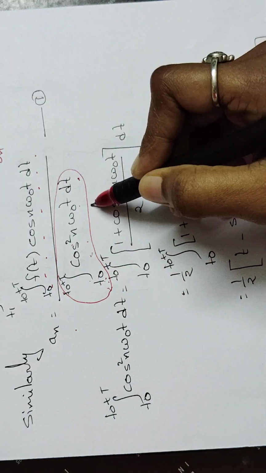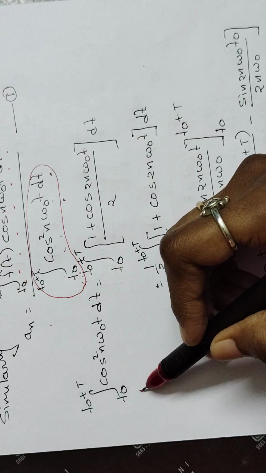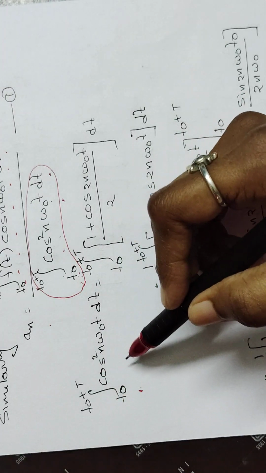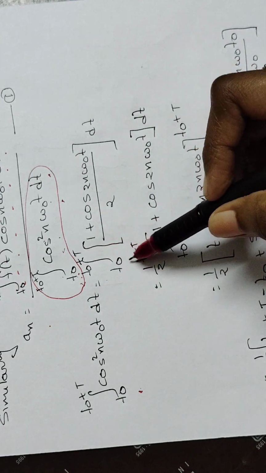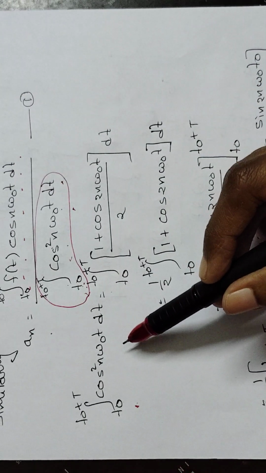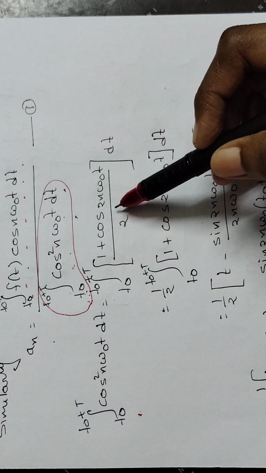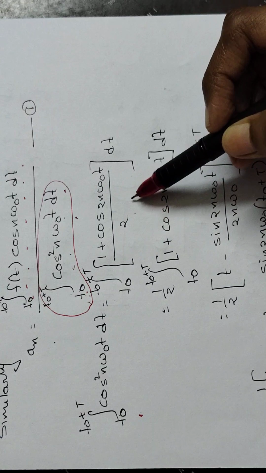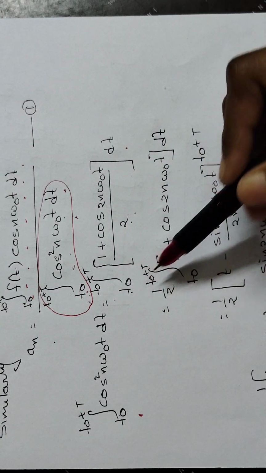What is this value? For that, take the integral from t naught to t naught plus T of cos square n omega naught t dt. What is the cos square n omega naught t value? That is 1 plus cos 2n omega naught t divided by 2, into dt. Keep the 1 by 2 outside.